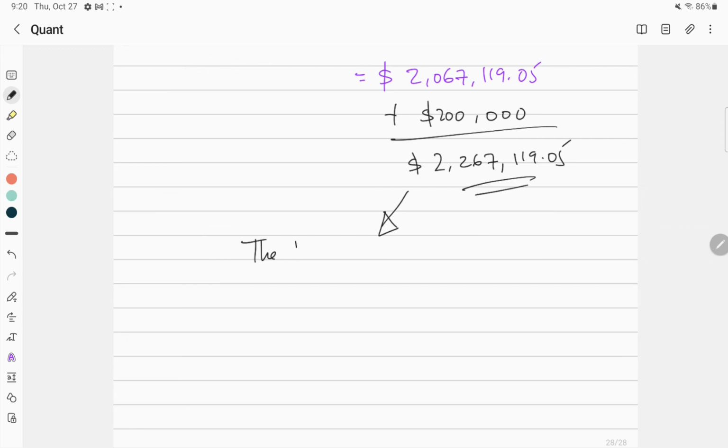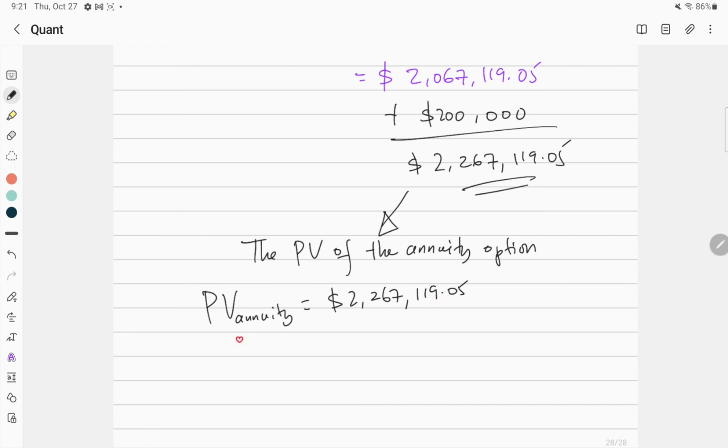This is the present value of the annuity option, which is 2,267,119.05, and the lump sum which we receive today is 2 million. See?